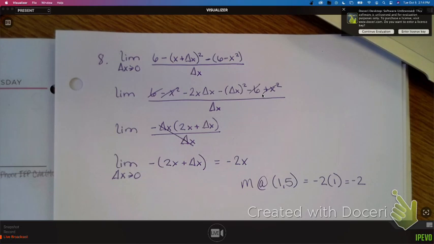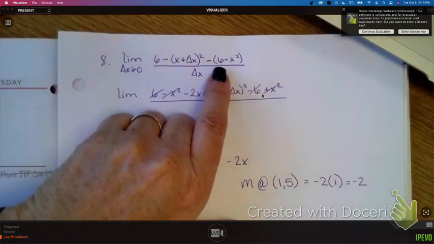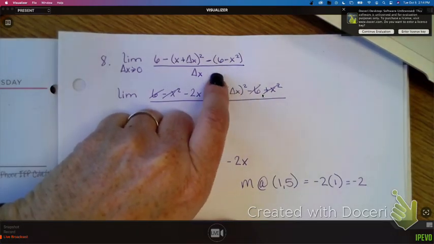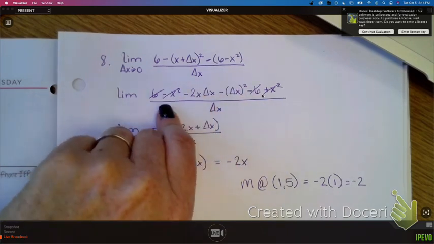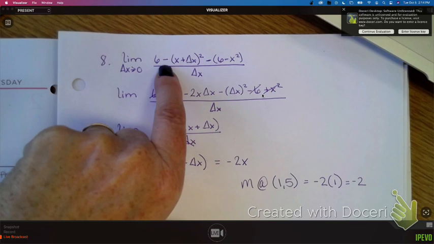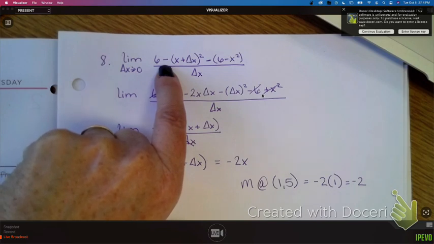Then you didn't distribute your negative right here. Yeah, it made it positive. But this one would be negative. Yes, because there's a negative out in front of it that you should have distributed after. I just told you, you had to FOIL first, then distribute the negative.